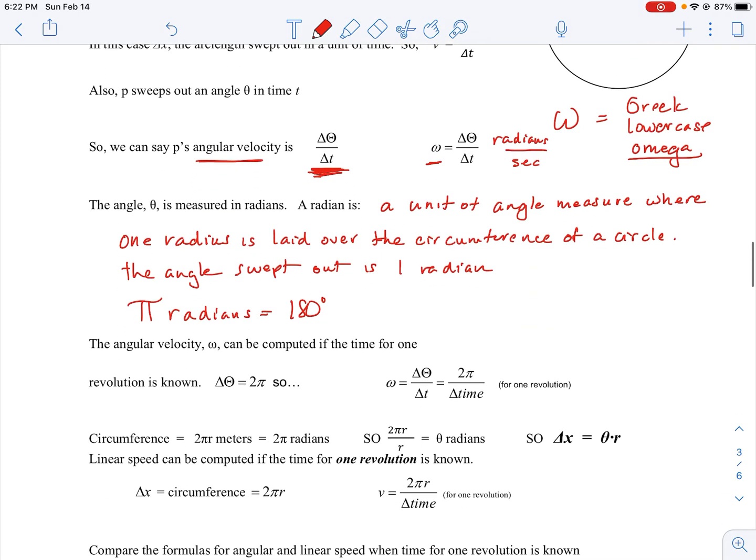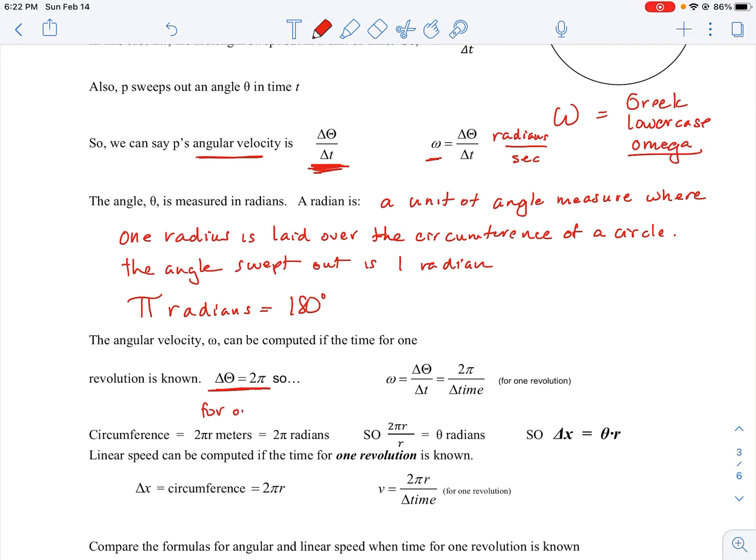Okay, so the angular velocity can be computed if the time for one revolution is known. So delta theta equals 2 pi for 1 revolution. So delta theta over delta t, or 2 pi over delta t, would give us the angular speed.